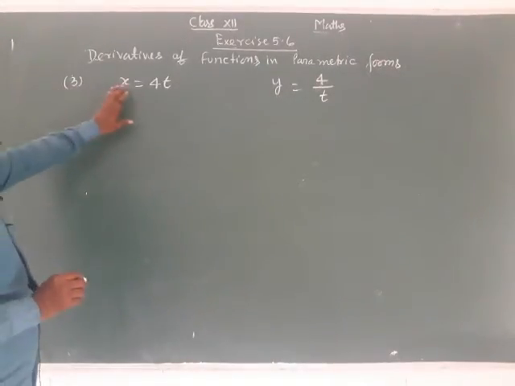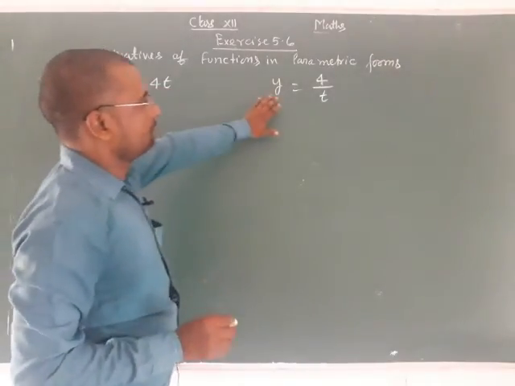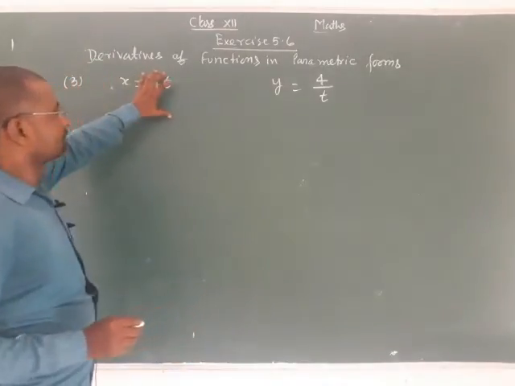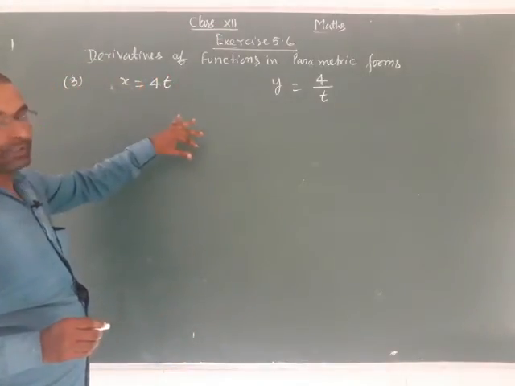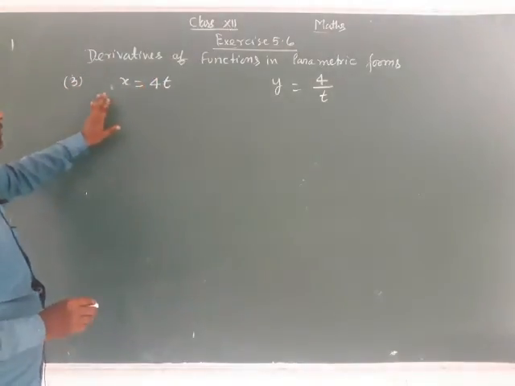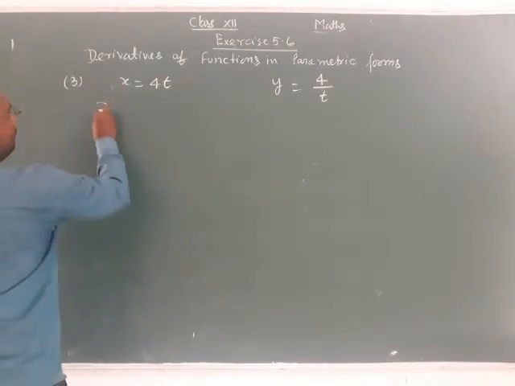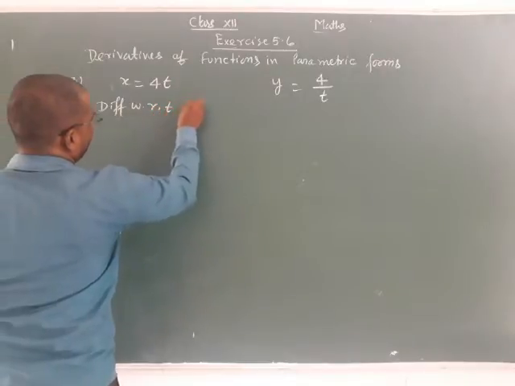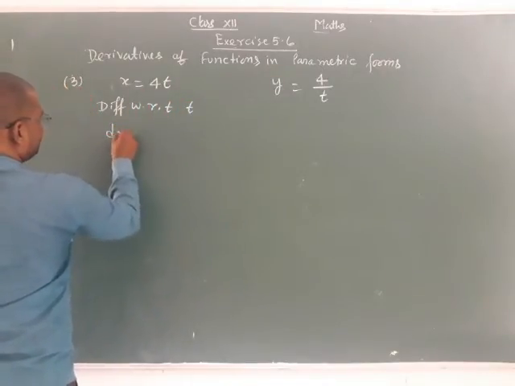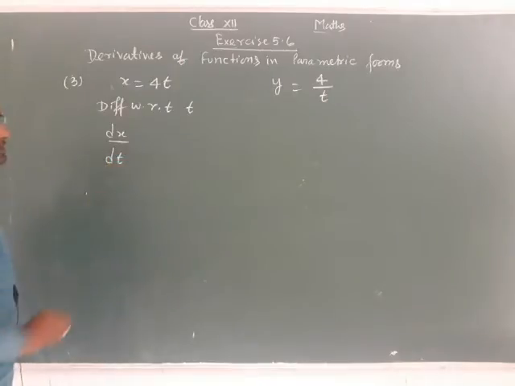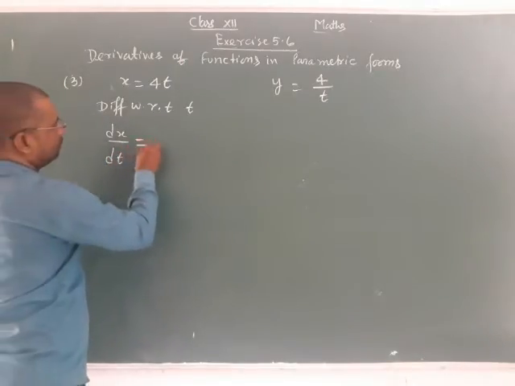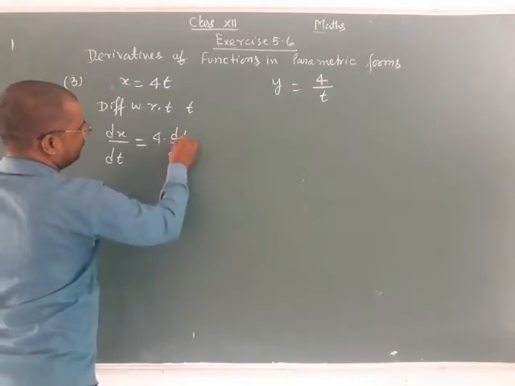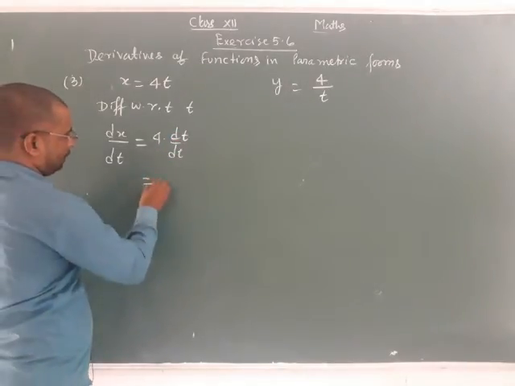Question number third: x is equal to 4t and y is equal to 4 upon t. There are two functions in parametric form. So now differentiate with respect to t. dx upon dt is equal to 4, the constant taken common, d upon dt of t, and 4.